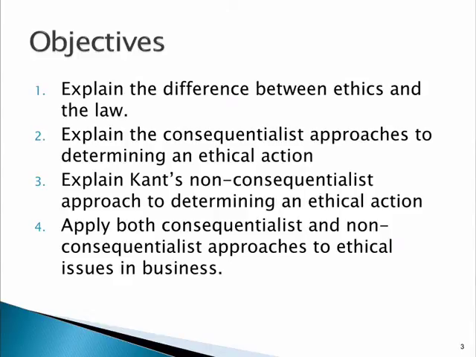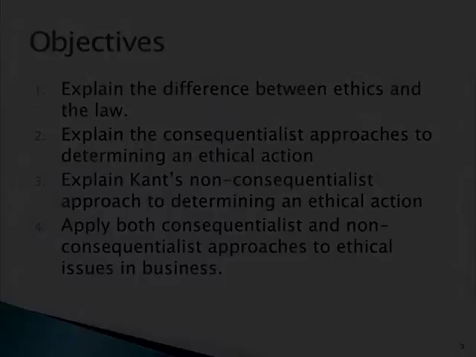Then we're going to look at Kant's non-consequentialist approach to an ethical action, so a different way of determining whether something's ethical, and we're going to apply both of those approaches to ethical issues in business. We're not going to work through examples here. That's something that you'll do on your own and in class, but we'll give the material here so that you can go back and work out how to do it.